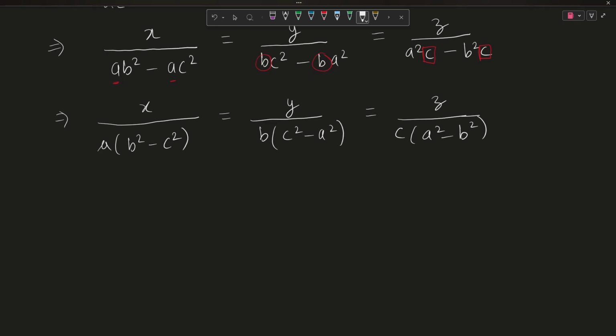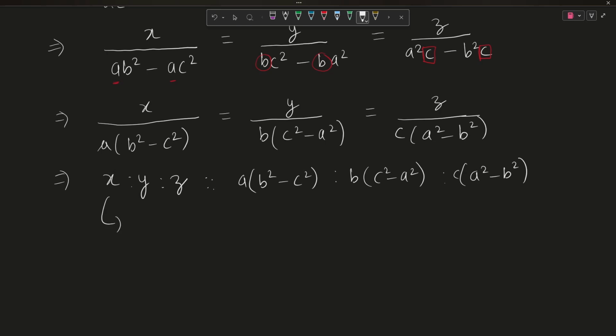Now we can calculate the ratio between x, y, and z. So x is to y is to z becomes a into b square minus c square, ratio b into c square minus a square, ratio c into a square minus b square.